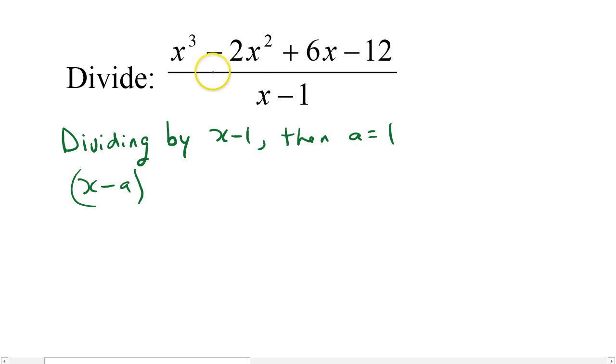So now I need to write this out again, but all I need to do is write the coefficients and not the x part. So instead of writing x cubed, I'll just write a 1. Instead of writing minus 2x squared, I'll just write a minus 2. Instead of writing a plus 6x, I'll just write a 6. And instead of a minus 12, I write minus 12.